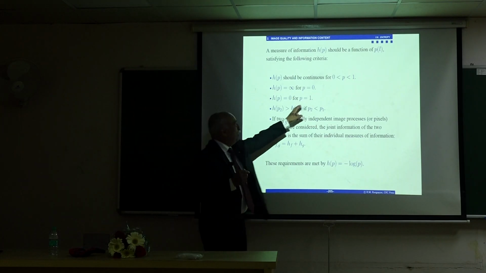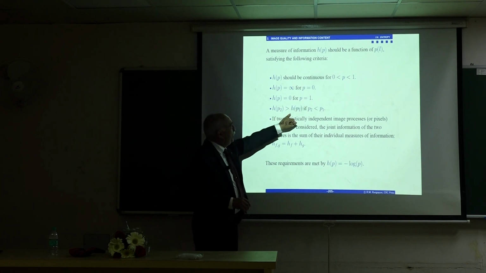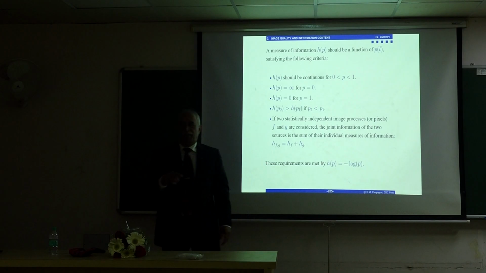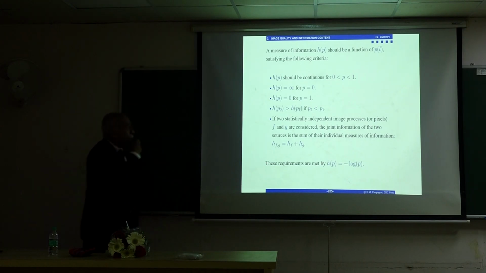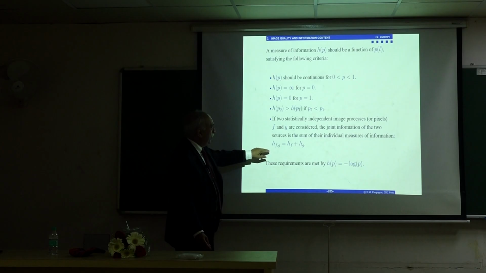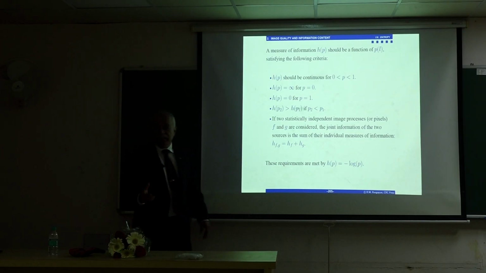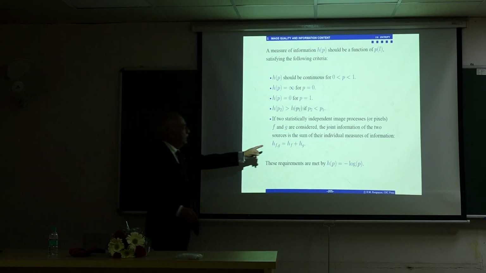If something with a probability of 1 occurs, there is no information. H(P2) is greater than H(P1) if P2 is less than P1. The lower the probability, the higher the information when it occurs. If 2 statistically independent image processes or pixels F and G are considered, the joint information H(F,G) is H(F) plus H(G) if they are independent. If there is dependency, then it will be less than that.